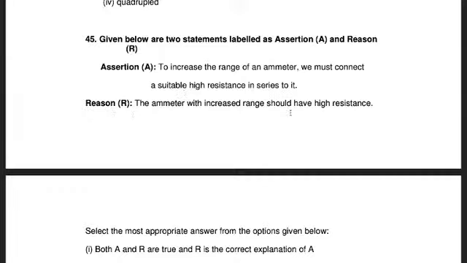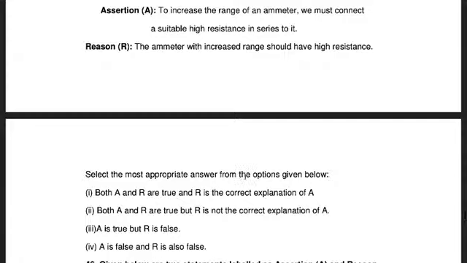Select the most appropriate answer from the options given below. Option 1, both A and R are true, R is the correct explanation of A. Option 2, both A and R are true, but R is not the correct explanation of A. Option 3, A is true, but R is false. Option 4, A is false and R is also false.